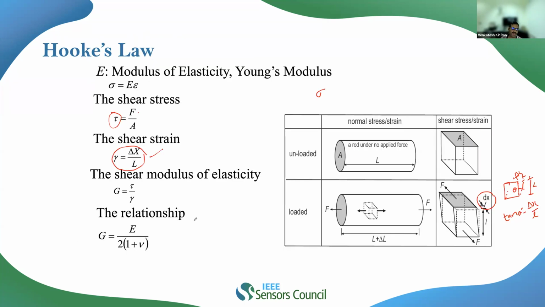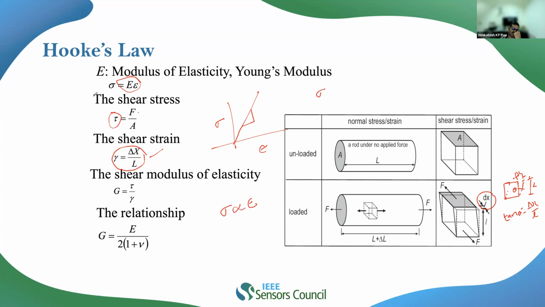If you draw the stress-strain curve, you can see that in the initial regime the normal stress and normal strain form a straight line. Stress is proportional to strain within the elastic limit, and the proportionality constant is the elastic modulus, or Young's modulus.